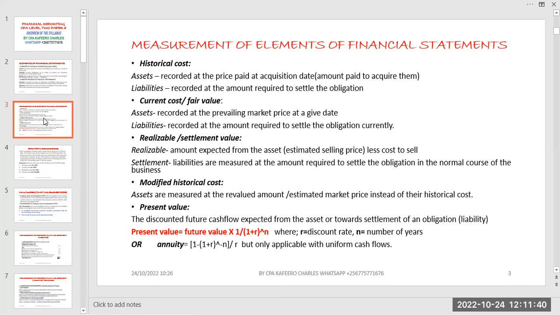And how do we get that? To get the present value, we use the discounting factor. The discounting factor is 1 over (1 plus r) power n, or someone can call it (1 plus r) power negative n, but it is the same. That is the discounting factor. We multiply by those cash flows.